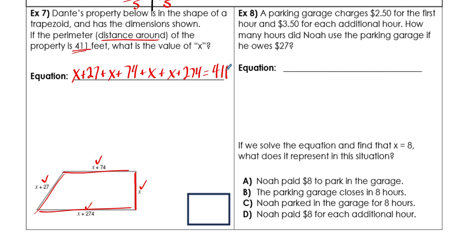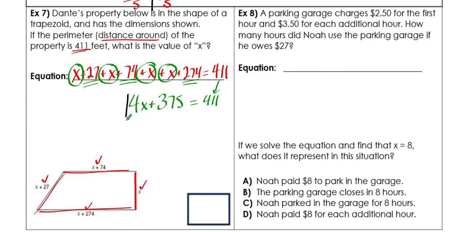So I don't have any distributive property, but I do have some combining like terms. I'm going to add the numbers together. Anything that's just a constant, I can put those together. That would give me 375. The 411 is just going to come down. And then I have 1, 2, 3, 4 x's that I can add together. That's 4x plus 375, which came from those constants.